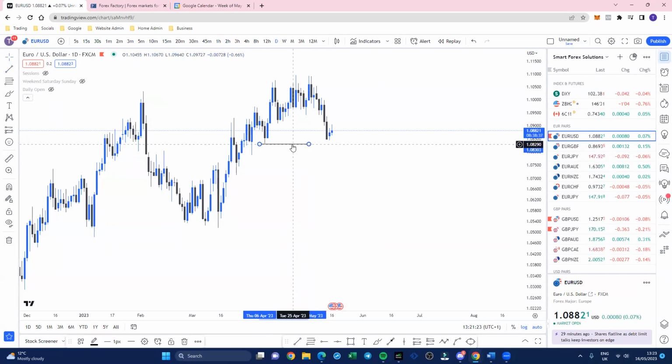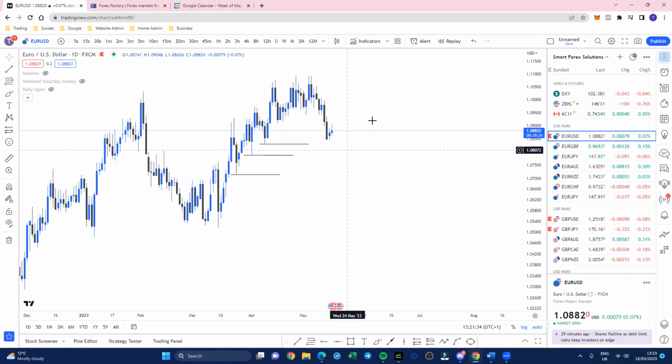Like this low here, which we haven't yet got. We've got this wick here, signifying that there's a little bit of liquidity there, and this wick here. So there's definitely lows there that can be tapped into. But at the same time, we have got this leg here, which is a bit of a possibility.